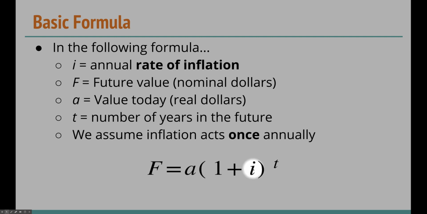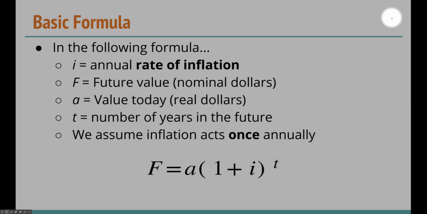Instead of using R over K, we're just substituting that with the inflation rate I. And instead of using K times T, we're just going to use T, because K, which is the number of times that something compounds, in this case, K is 1, because we're only letting inflation act on our values annually, once per year. So we have a situation where K is 1, so K times T is just T.